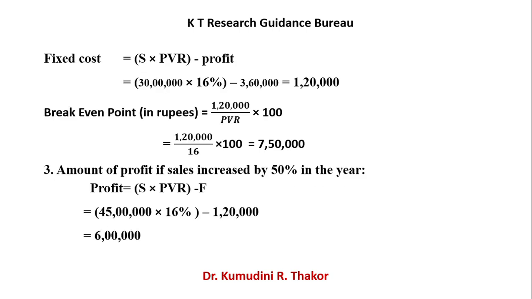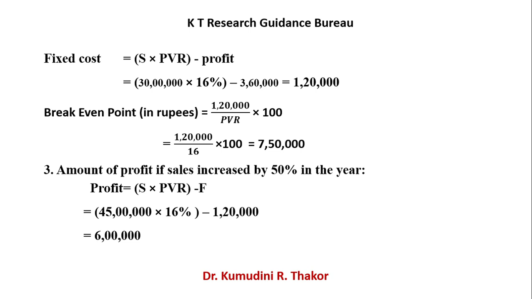Fixed cost is equal to sales into PV ratio minus profit. Your sales is 30 lakhs into PV ratio 16% and your profit is 3,60,000. So your fixed cost will be 1,20,000.